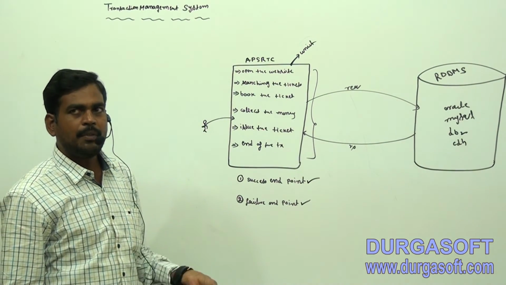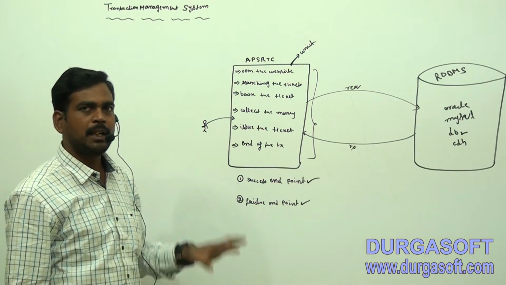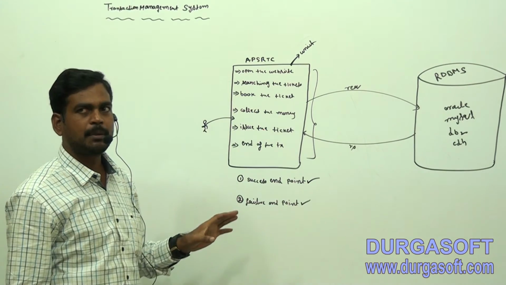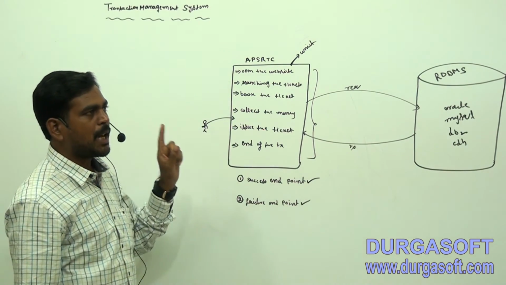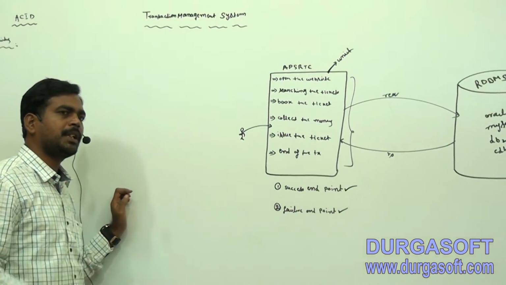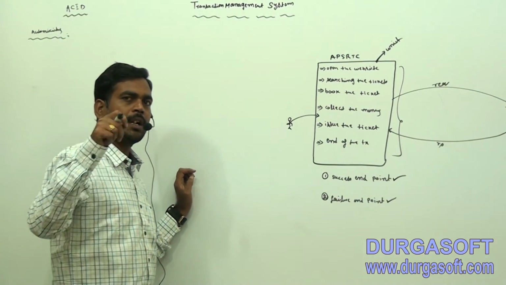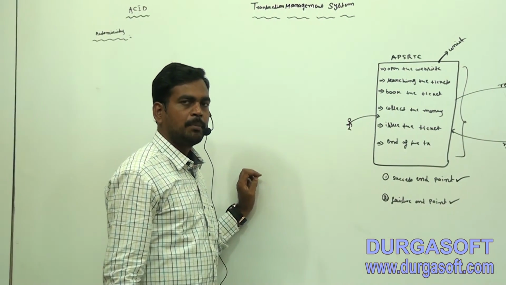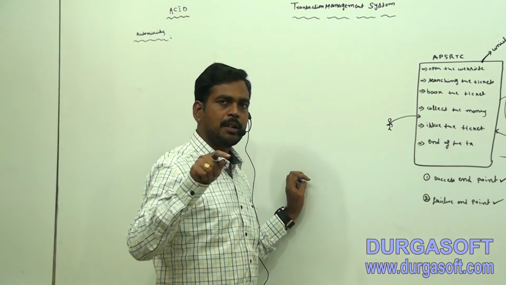So how does this happen practically? We have to convert our application from auto commit mode to non-auto commit mode. By default, our application is in auto commit mode.